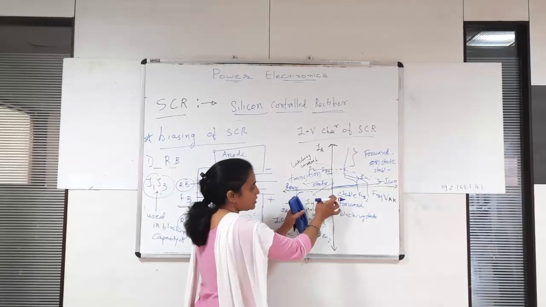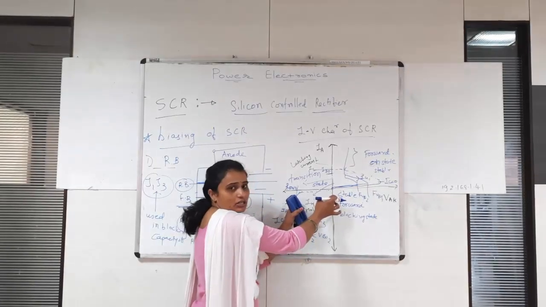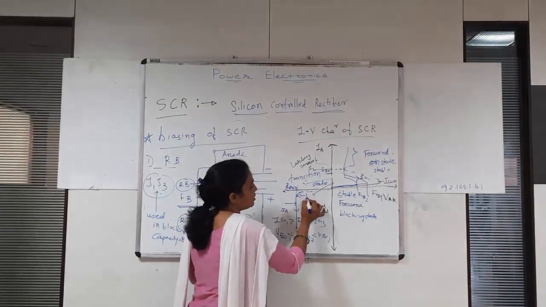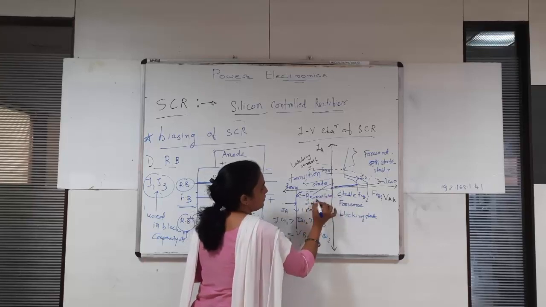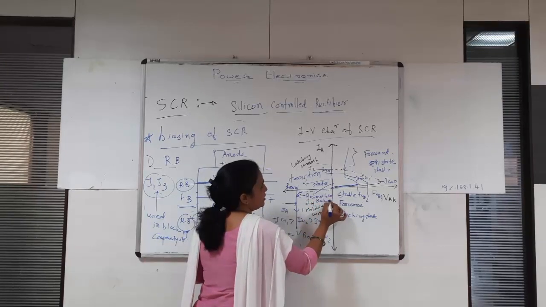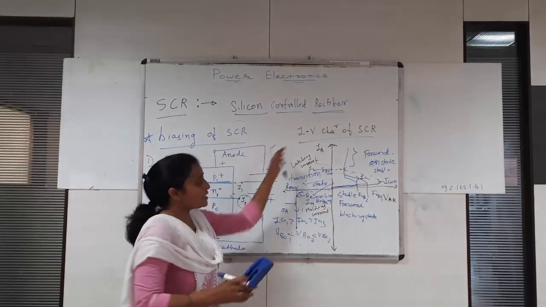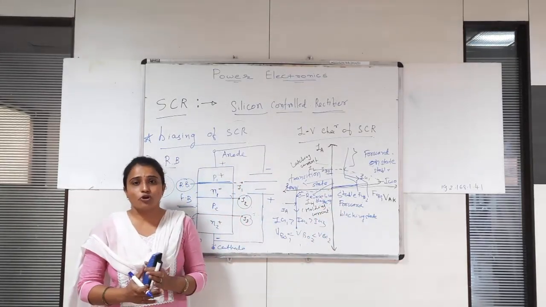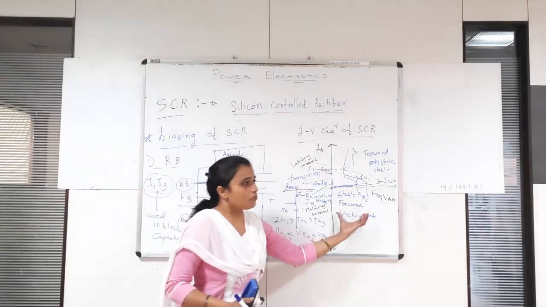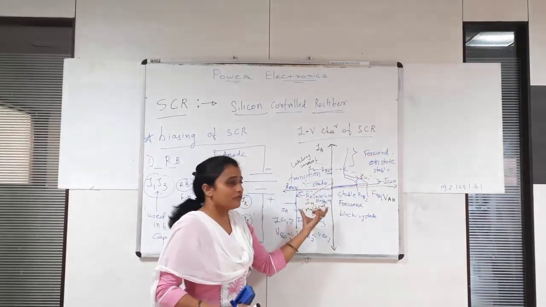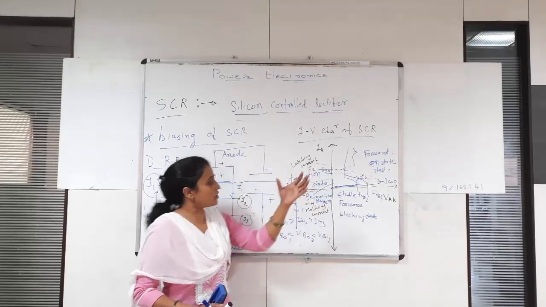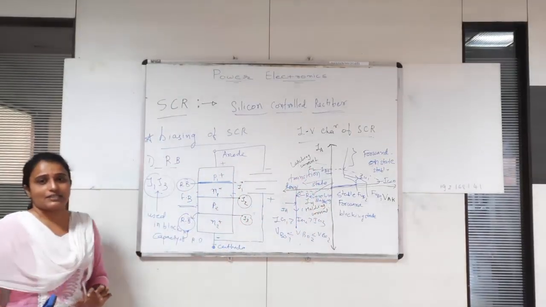Up till now there is only a very small current flowing, so that state is known as the reverse bias blocking state. So in this characteristic there are a total of four states: forward blocking state, transition state, forward on state and the reverse blocking state. So this is the operation of the SCR.